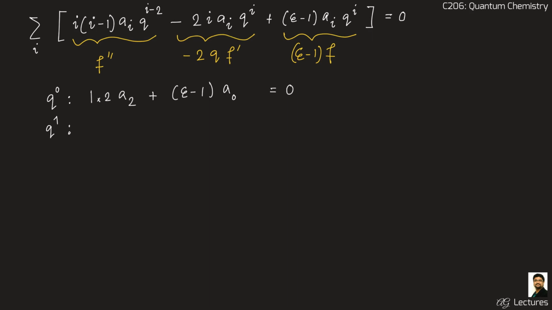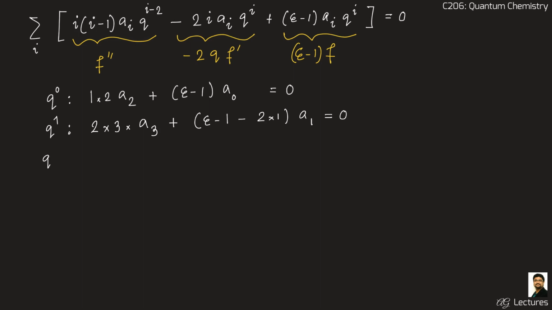Let me write it down. It is 2 times 3 times a3 plus epsilon minus 1 minus 2 times 1 a1 is equal to 0.